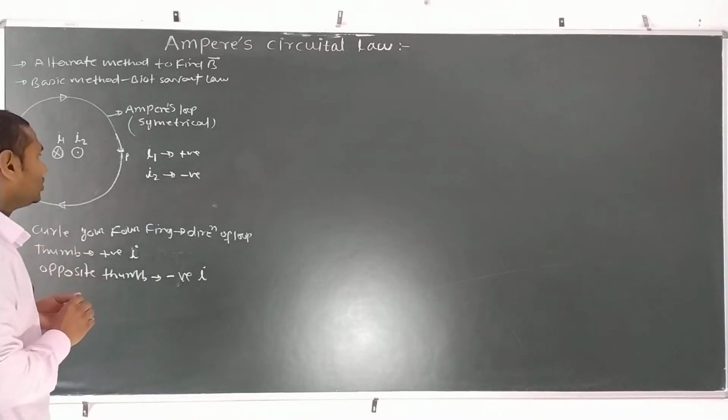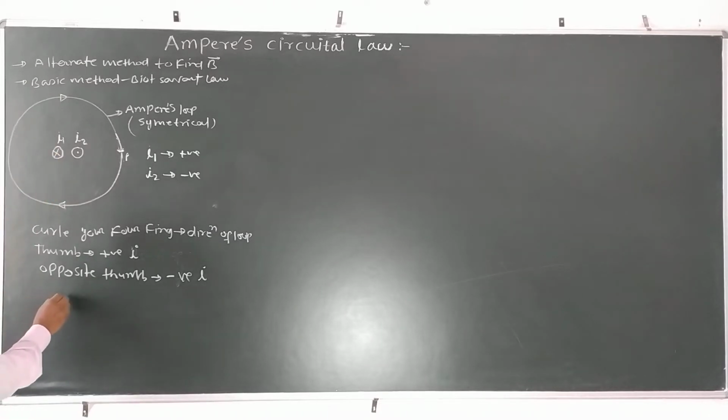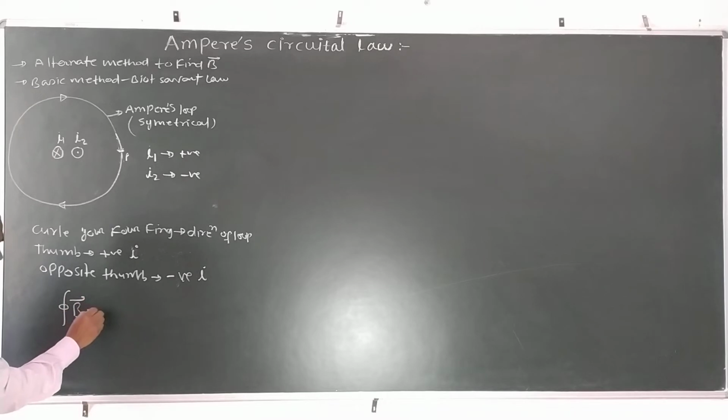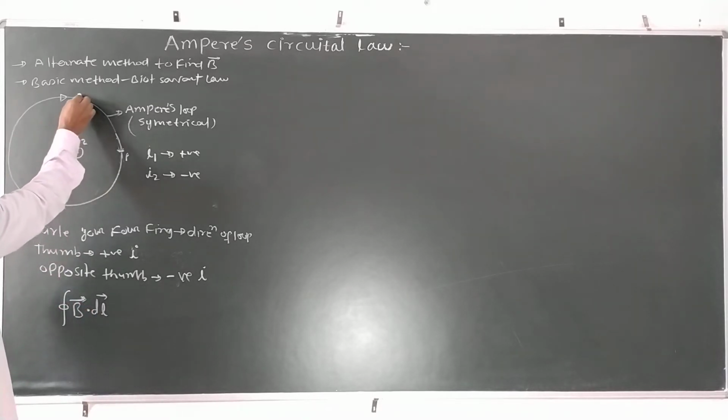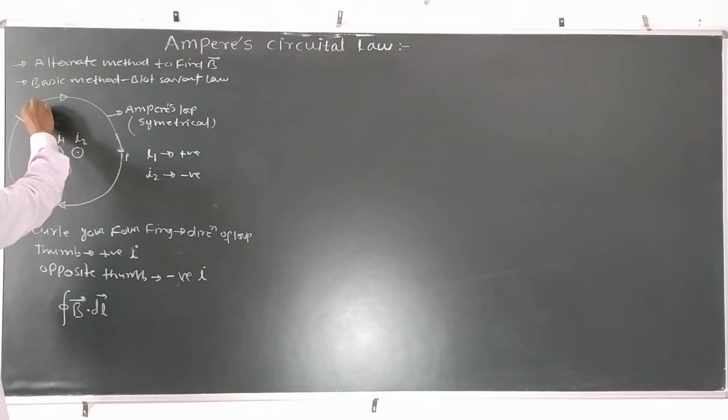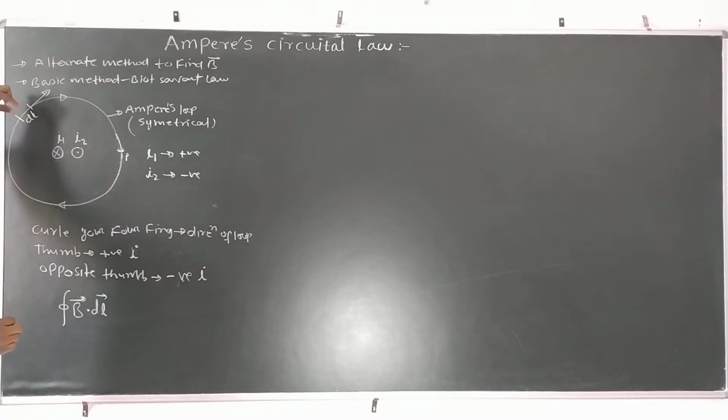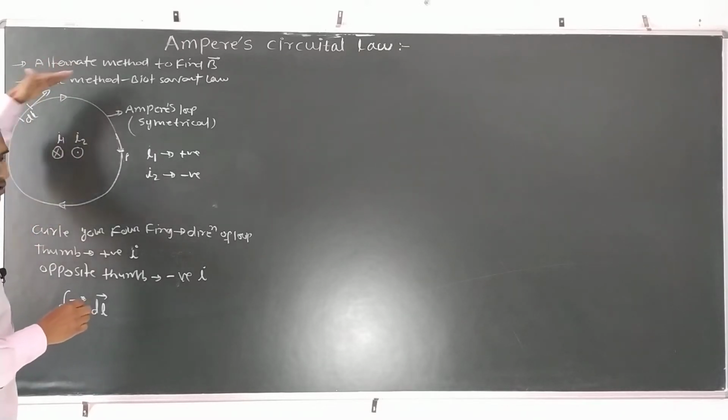According to this law, we take the integral of B dot dl over the loop. Suppose we cut an elemental length dl, which is also in the direction of loop.